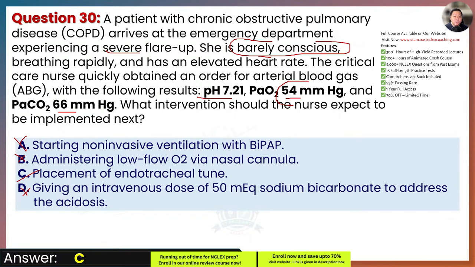And remember that when dealing with respiratory emergencies, the patient's ability to maintain airway and ventilation is key. So you've got to prioritize interventions that provide ventilatory support, such as intubation, over low flow oxygen supplementation or other methods that do not address the ventilatory failure directly.